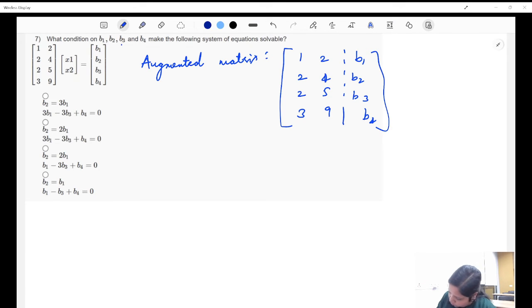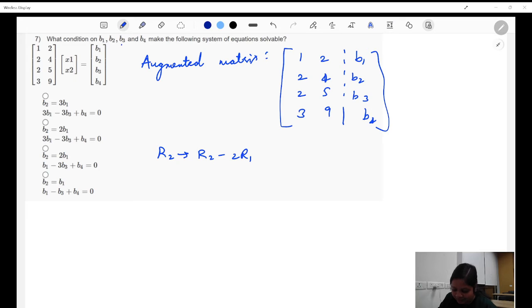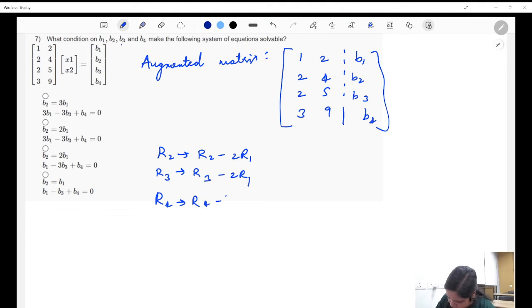So we'll replace R2 by R2 minus 2 R1, which would give us zeros directly. Then we'll replace R3, and then R4 also, R4 minus 3 R1.